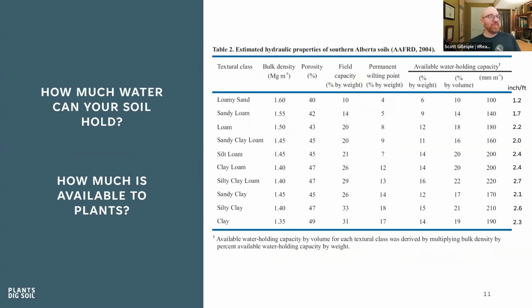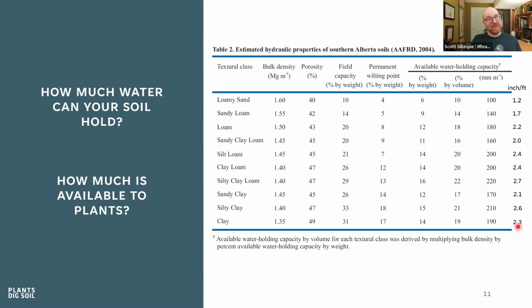So the soil texture is going to drive how much water you can hold. And then the other part of this slide here is how much is available to the plants. So I put this chart in. It's from the irrigation manual. I left everything in it just to show you, so you can always look it up later.